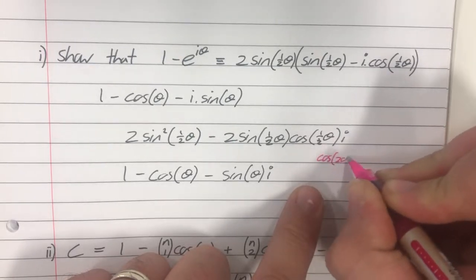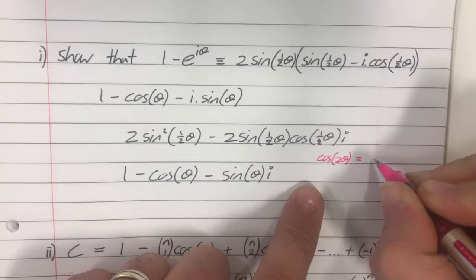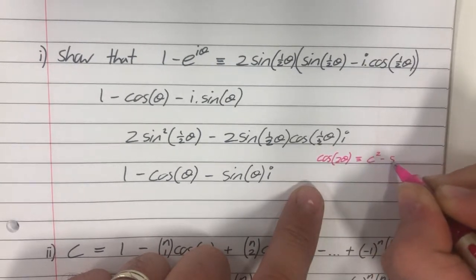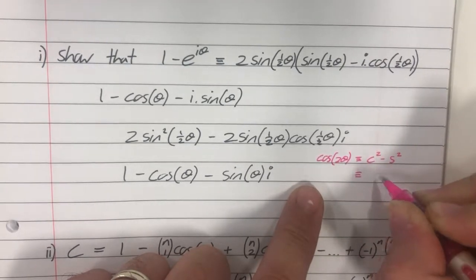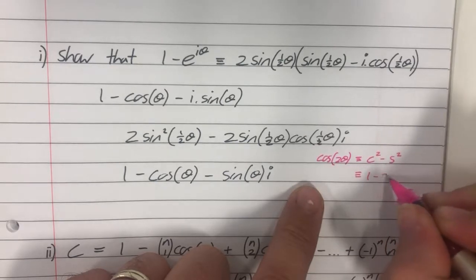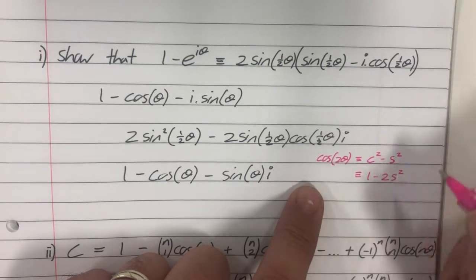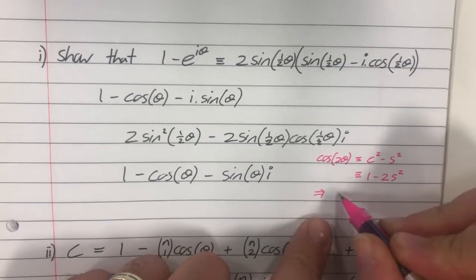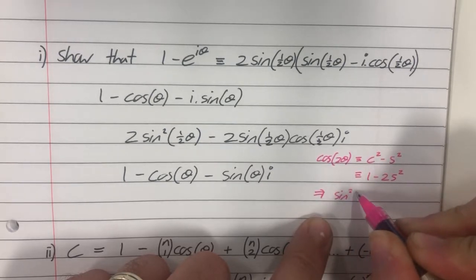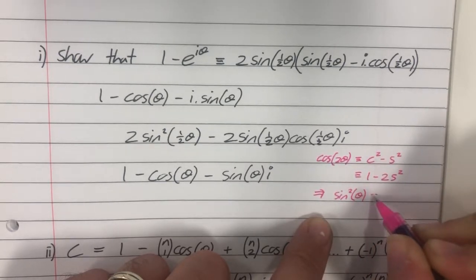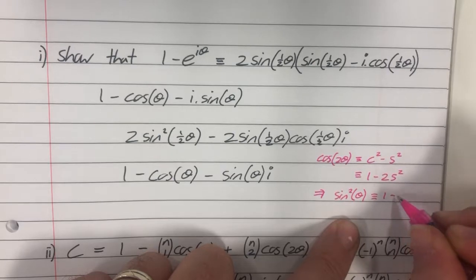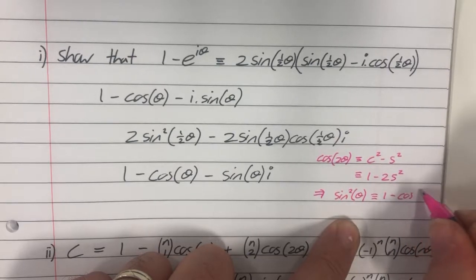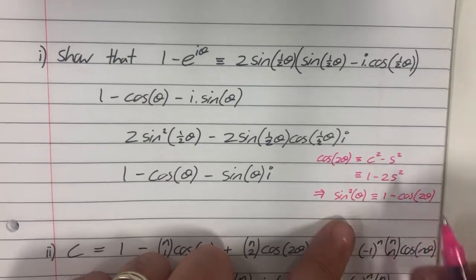So cos of 2 theta is identical to cos squared minus sine squared, which is identical to 1 minus 2 sine squared of theta. So this implies then that 2 sine squared of theta is identical to 1 minus cos of 2 theta.